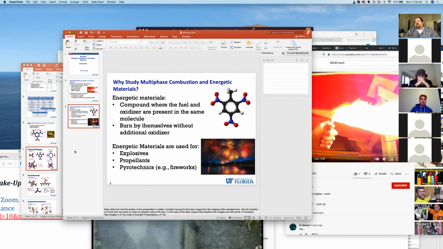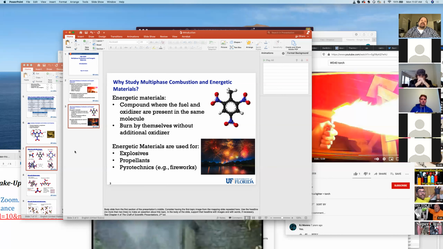And if the orientation of the fuel molecule and the oxygen molecule is appropriate, and there's enough kinetic energy in that collision, then those two molecules will react and produce little fragments, and those fragments would be combustion products.